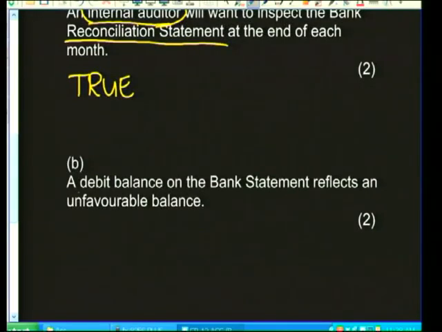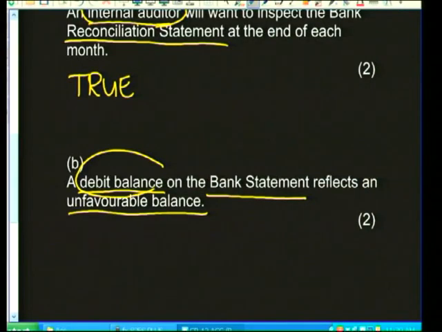A debit balance on the bank statement reflects an unfavorable balance. Aha! I spoke about this earlier on, didn't I? Watch this question very carefully. A debit balance. Where, guys? On the bank statement.